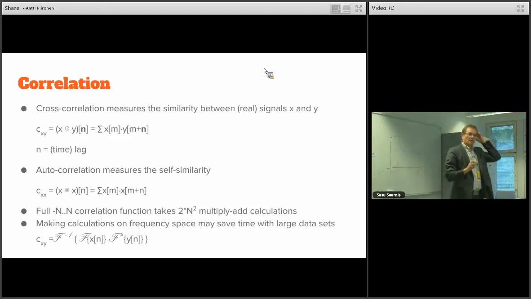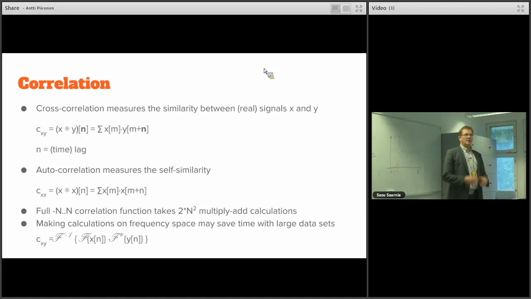So the full correlation from minus n to n takes 2 times n to the power of 2 multiply-add calculations, and they will take time, unless, of course, we have plenty of power here.